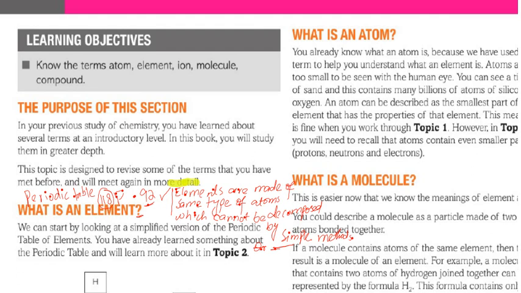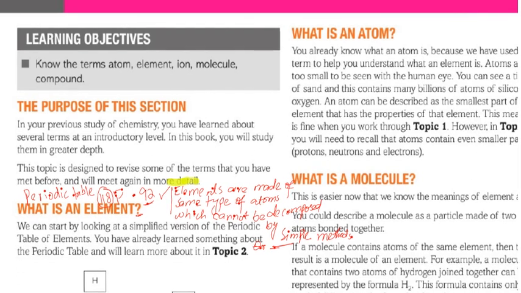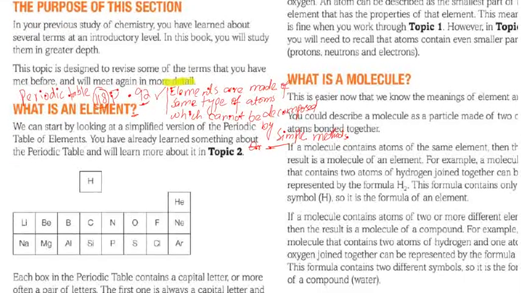So it's clear that we have elements, and here are some given. For example, helium, this is hydrogen. Actually the element's name is hydrogen, but it's difficult to write all this, so we represent it by a capital letter that is called a symbol.